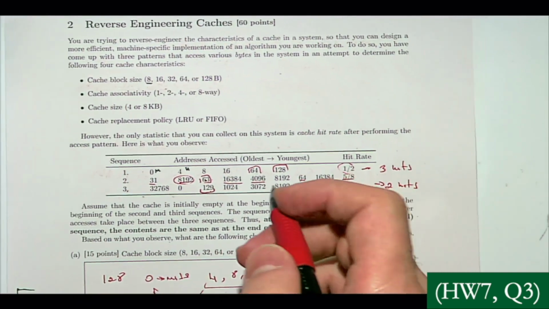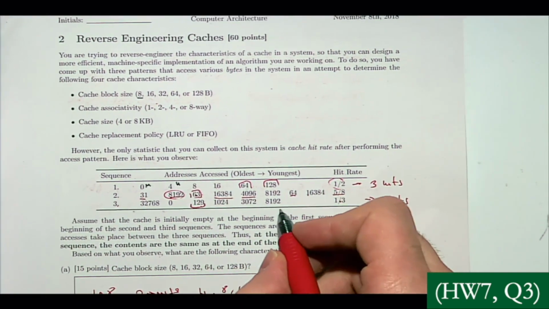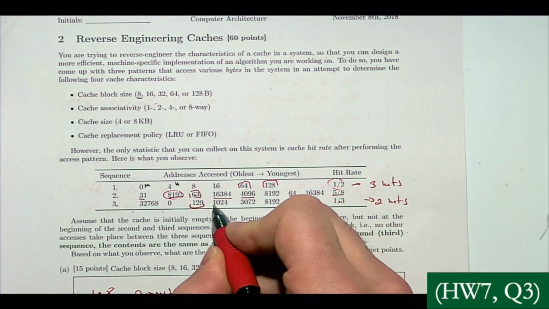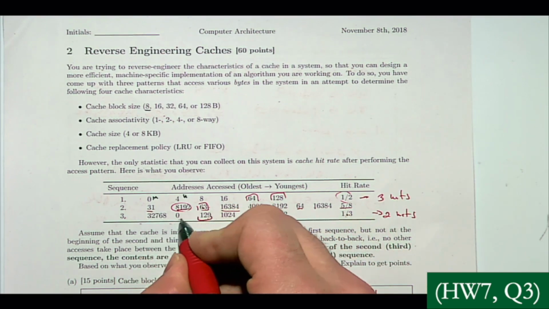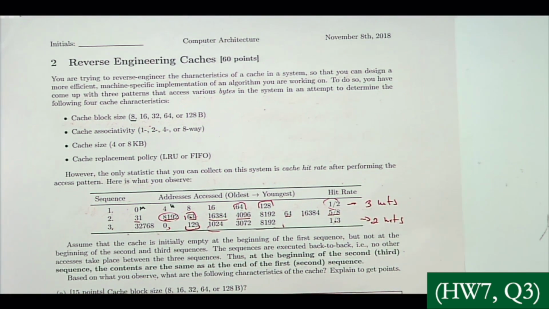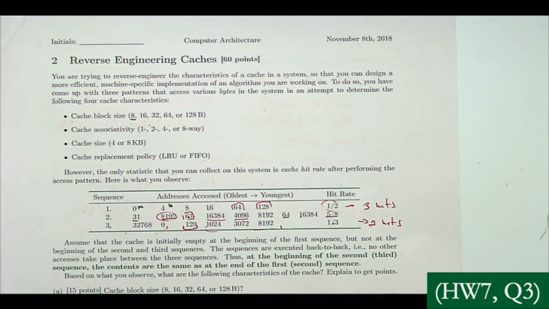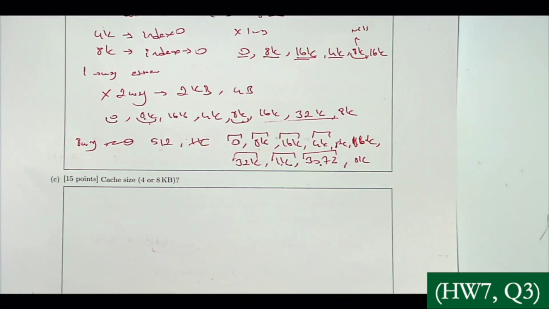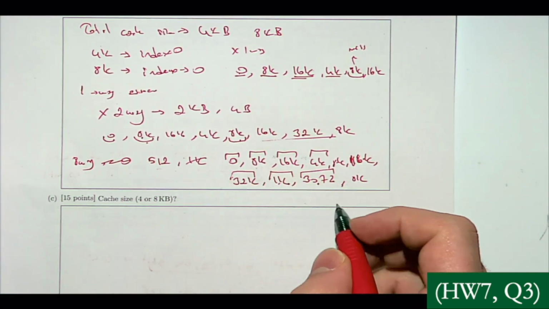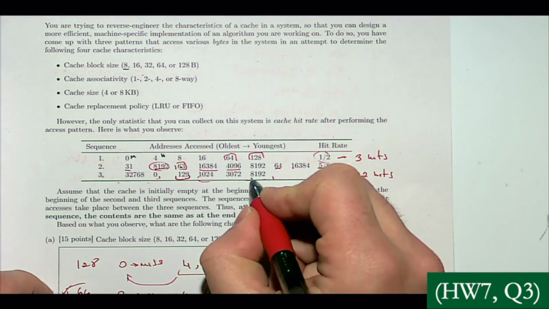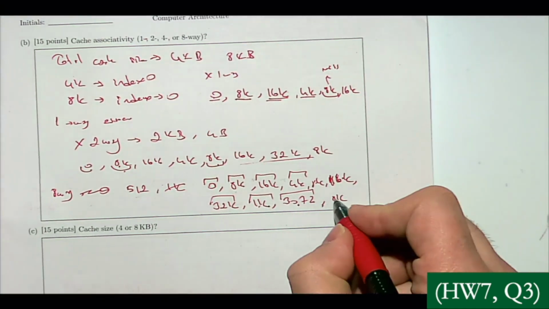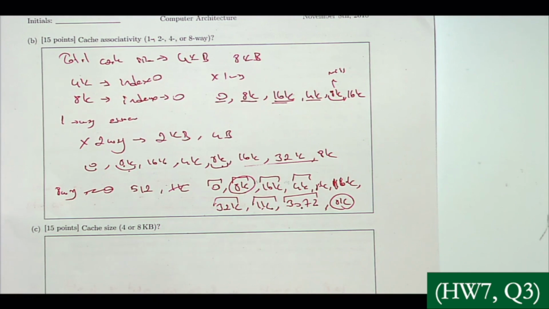So the options are either of these, just one of these should be a hit, not multiple of these, all right? But if this is an 8-way associative cache, I will end up with 8K as a hit, because this is already in the cache previously, all right? So again, 8-way won't work for us.